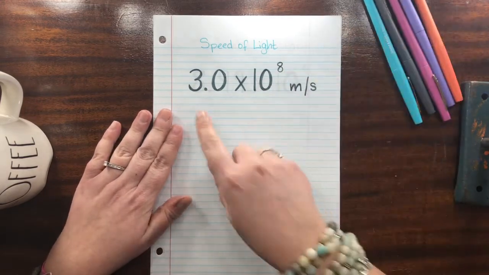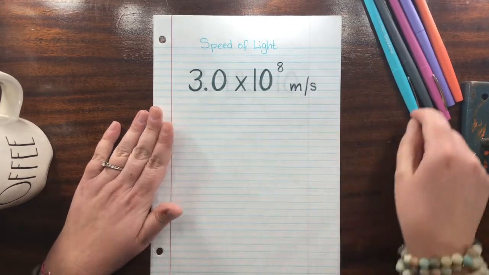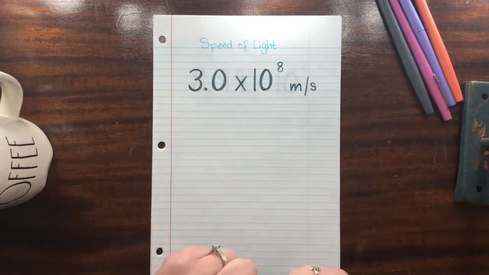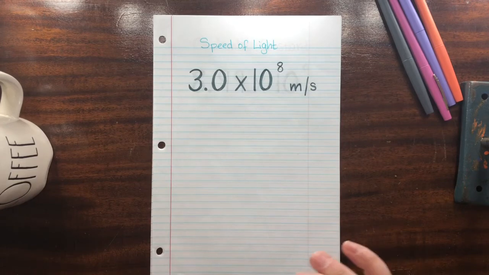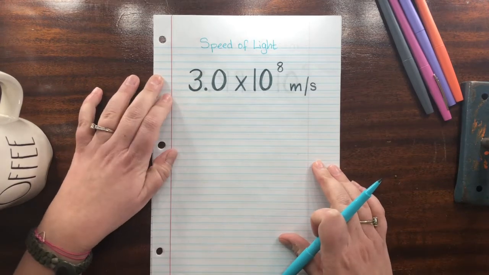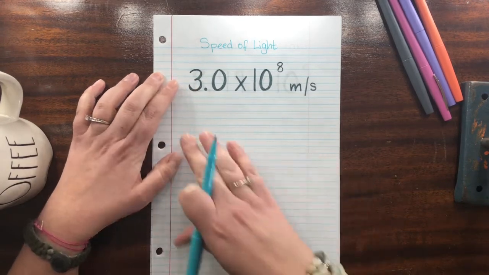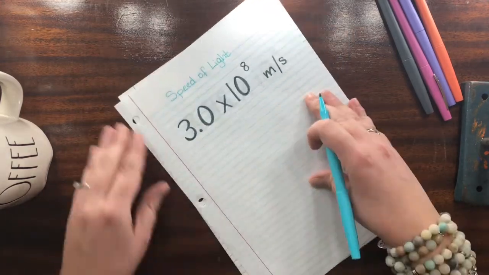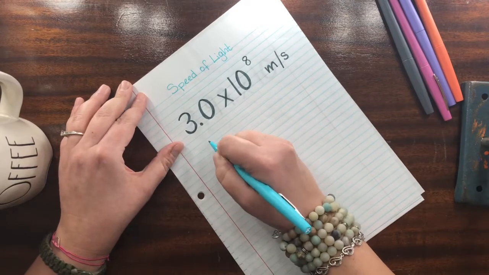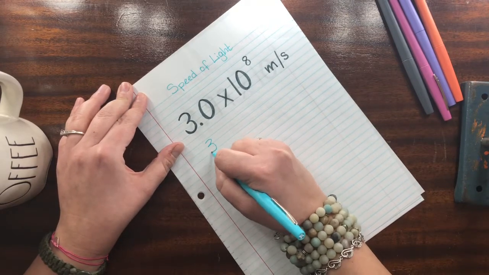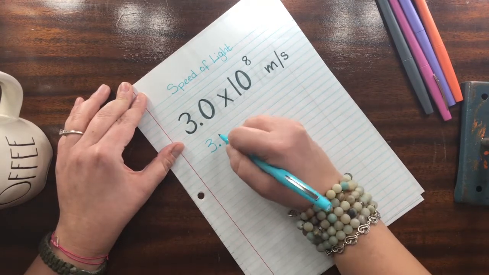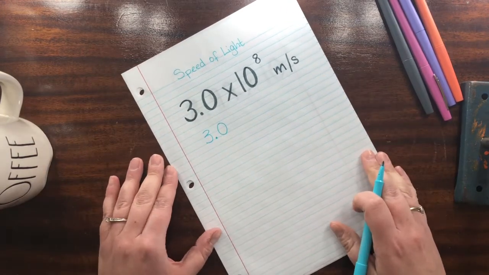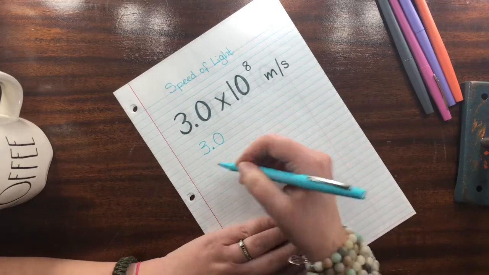If we want to change that into standard form, there are 2 ways that I recommend. The first one is to take the first part, our decimal here, 3.0. I'm going to write that here, and now I'm going to count the number of jumps I move my decimal.